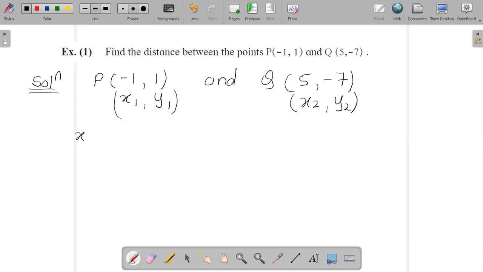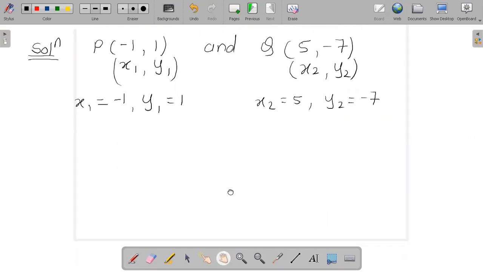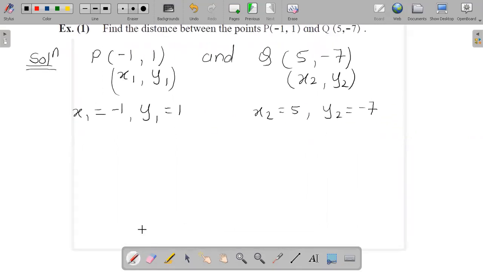So what will be x1? -1. Correct. And y1 will be 1. Similarly, x2 will be 5 and y2 will be -7. First you pay attention, later once you understand, I'll give you time to write.